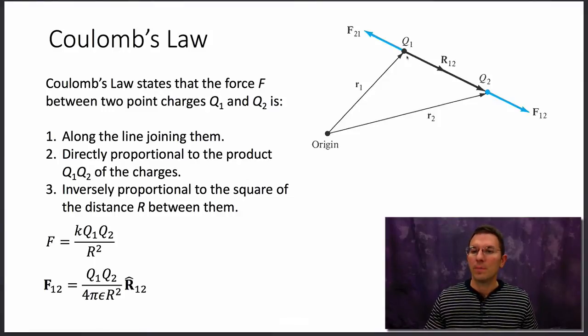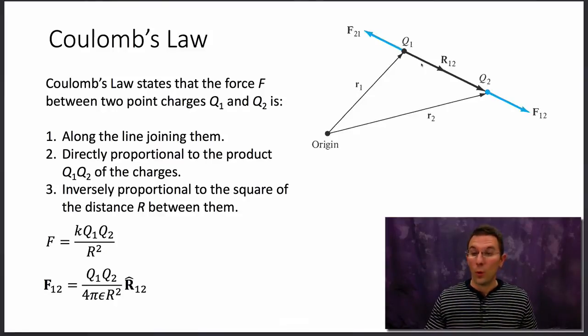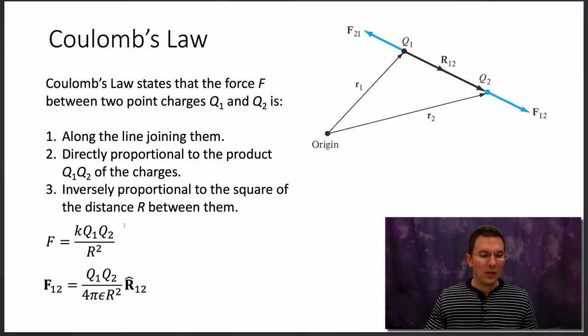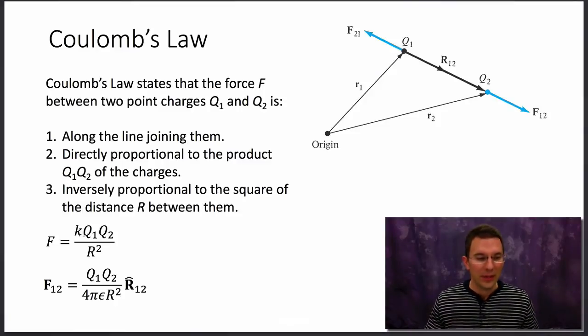So if we look at this distance here between Q1 and Q2, the force felt by the second particle due to the first is inversely proportional to the square of the distance. We write that mathematically in this way. The force is proportional, with some proportionality constant k here, to the product of the charges and inversely proportional to the square of the distance between them.